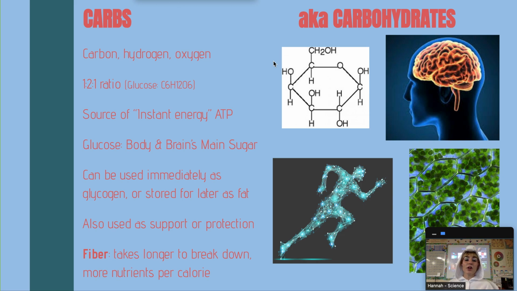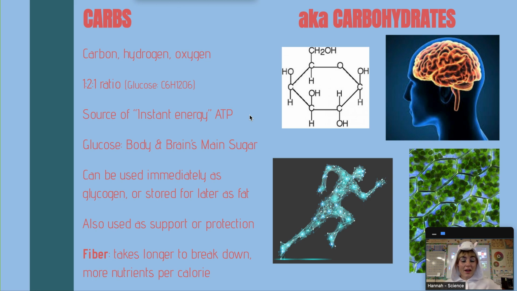And these are sources of instant energy, also known as ATP, which is the way that our body is able to turn what we eat into energy that the cells can then use. The next unit that we learn about is going to be cells. So it makes sense, while we're learning about how our cells are able to take chemistry and elements and turn it into energy, that carbohydrates are one of those instant forms of energy.